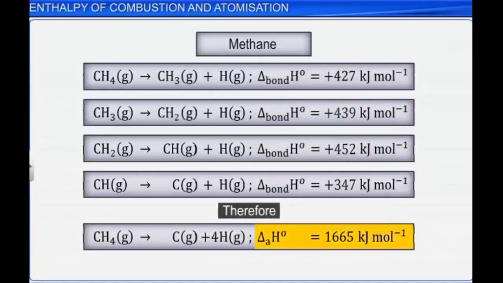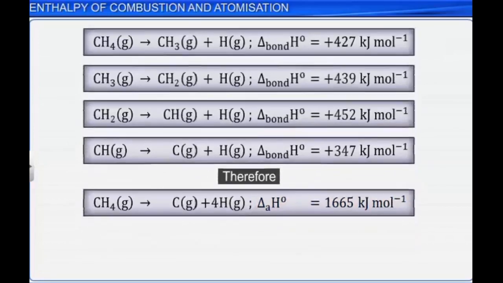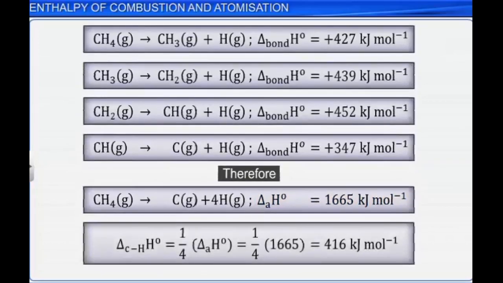Hence, in such cases, we use the term mean bond enthalpy instead of bond dissociation enthalpy. Thus, mean C-H bond enthalpy in methane is 416 kilojoules per mole. Bond enthalpies can be calculated using Hess's law.